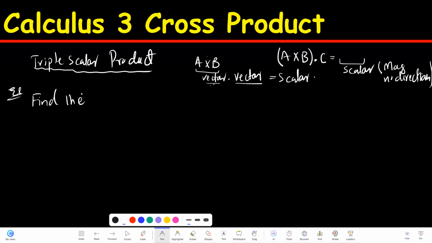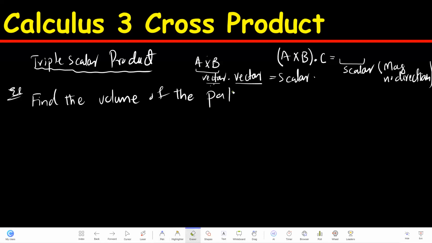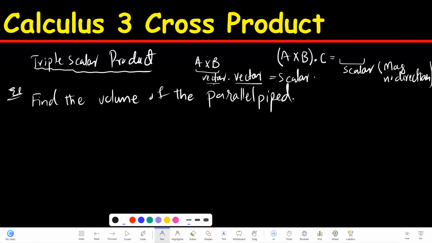Example: find the volume of the parallelepiped. A parallelepiped is basically a pipe which is rectangular, not circular.